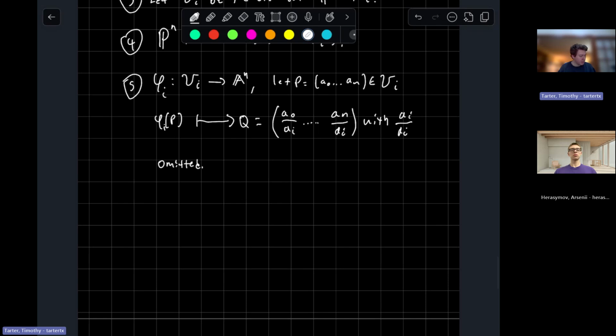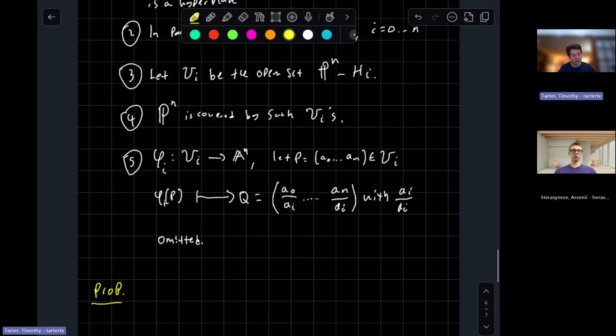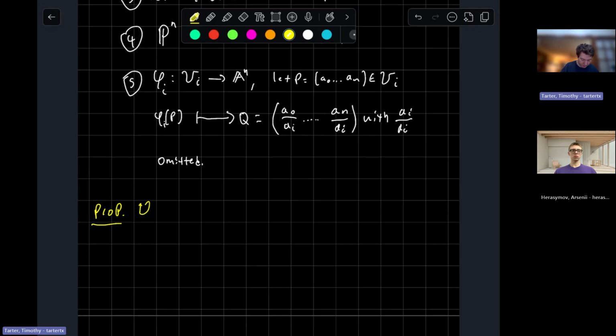And so this is going to be our big proposition of this chapter, which gets the job done for showing that we have an open cover of any projective variety with affine varieties. So phi_i is a homeomorphism to the affine n space with the Zariski topology.